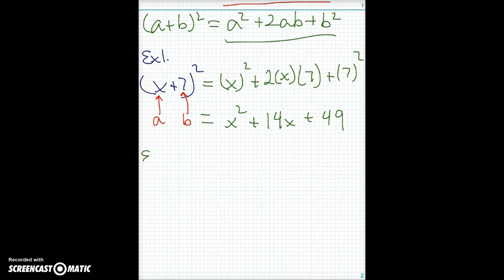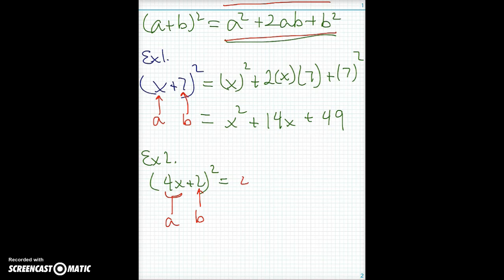Let's look at another example. So if we have 4x plus 2 squared, using our formula above, we're going to call 4x a, and we're going to call 2 b. So again, we're going to refer up here. So our first term should be a squared.